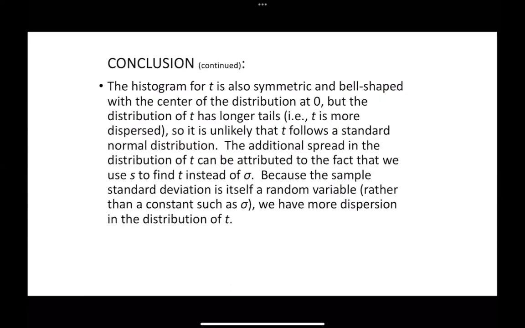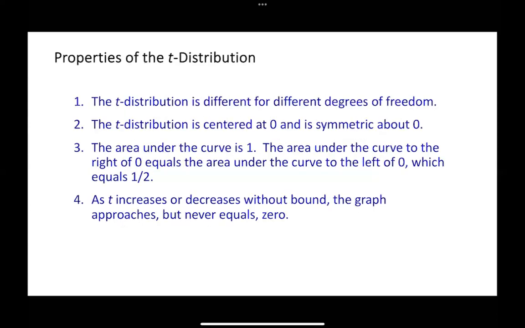But when we're dealing with means, we have to have some standard deviation, but we don't have a population, so we have to use the sample. I know that's a lot of words. We do have more dispersion in a t-distribution, but it's perfectly fine. It is okay. It is expected. It's why we use the t-value.